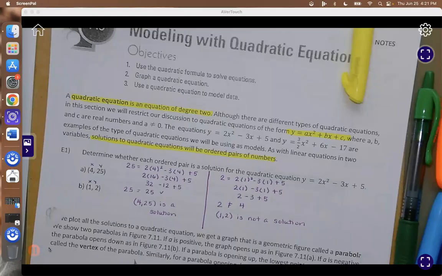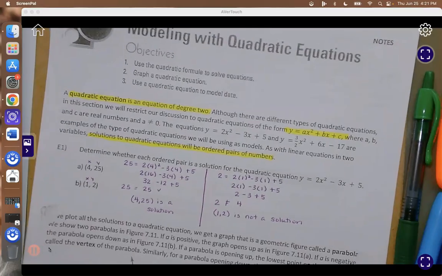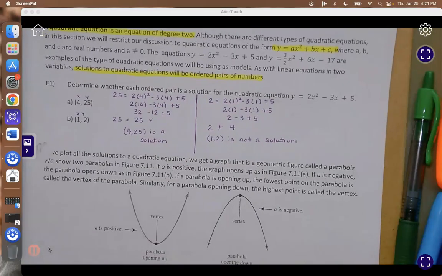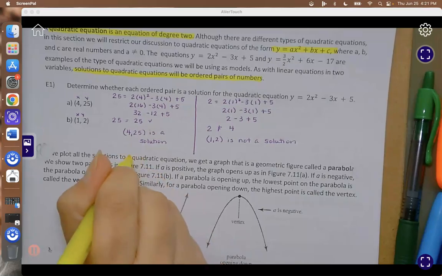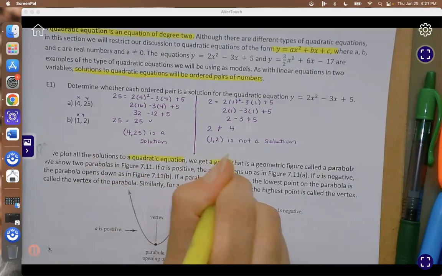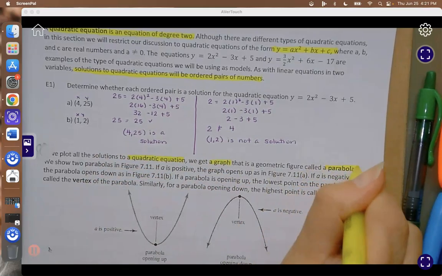Okay. All right. Now let's look at a few more things to highlight here. So if we plot all the solutions of a quadratic equation, we get a graph. So a quadratic equation graph is a figure called a parabola.